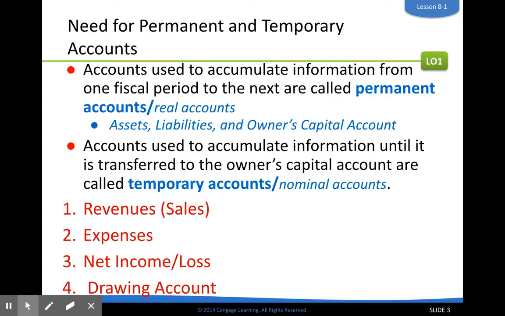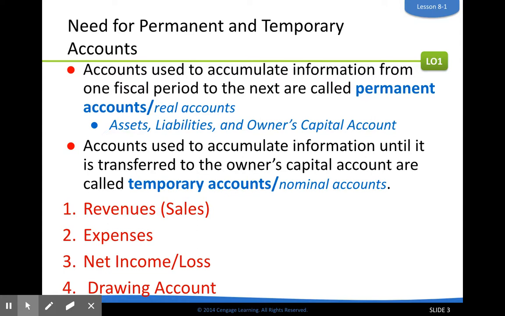We first need to know something called permanent accounts and something called temporary accounts. This is really important because this helps us know what accounts we need to do closing entries for. Permanent accounts are used to accumulate information from one fiscal period to the next. That's our assets, our liabilities, and our owner's capital account.